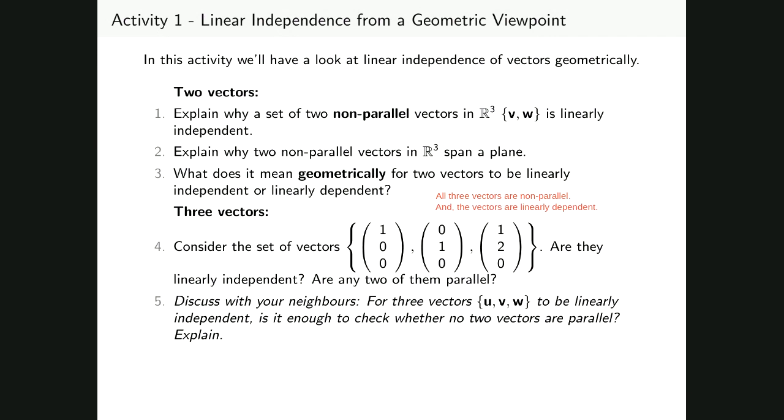So what that's suggesting to us is that it is not enough to check non-parallelness.